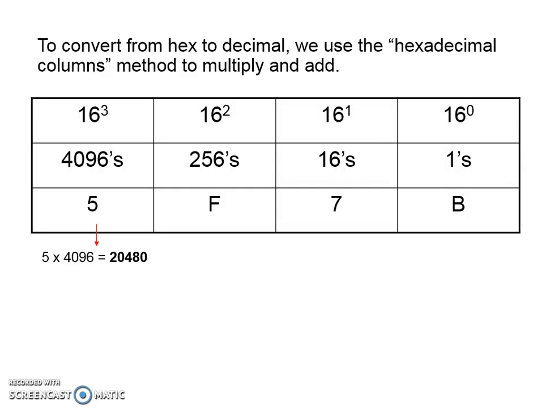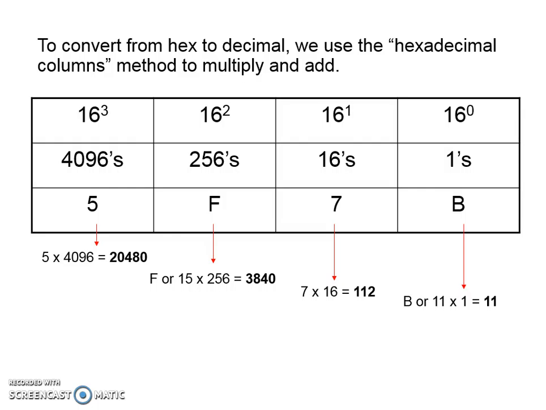So we can see here that our 5, we multiply it times 16 to the 3. Our F, we multiply it times 16 to the 2. 7, we multiply it times 16. And B, we multiply it times 1.